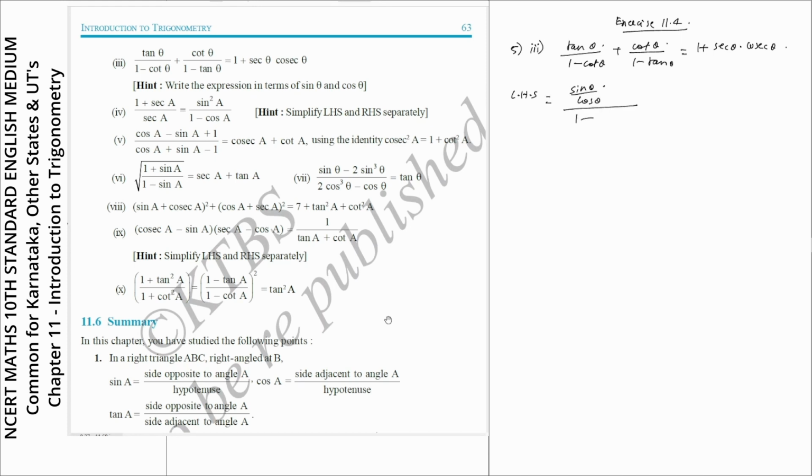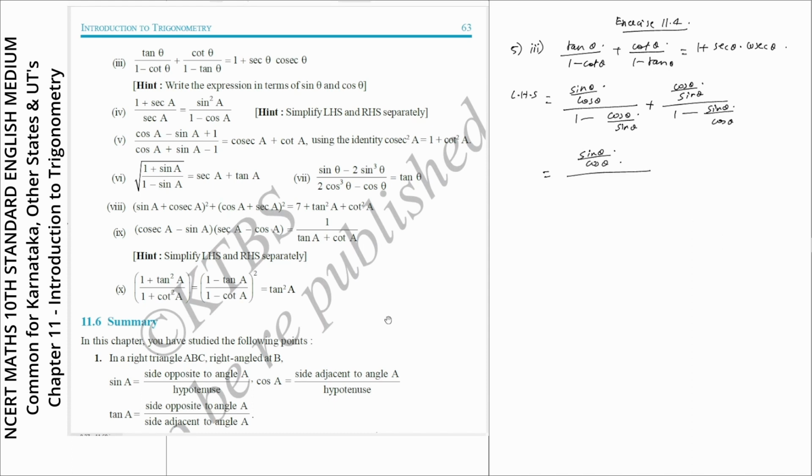by 1 minus cot theta, cot theta is cos theta by sin theta, plus cot theta is cos theta by sin theta by 1 minus tan theta, tan theta is sin theta by cos theta. So now this is equal to sin theta by cos theta.